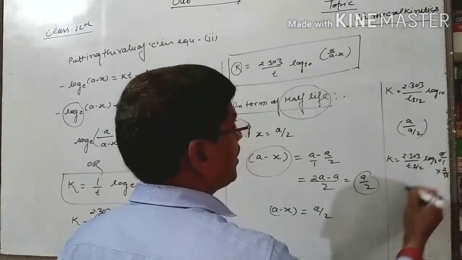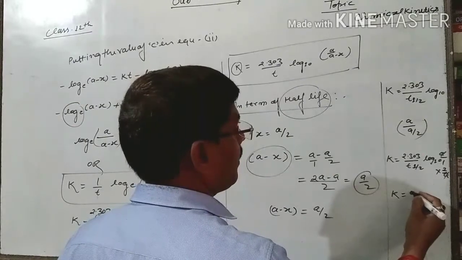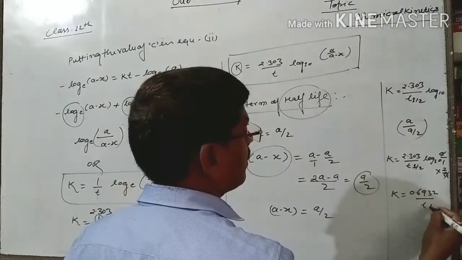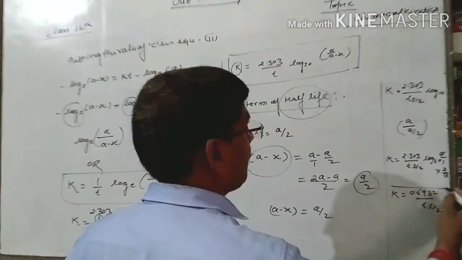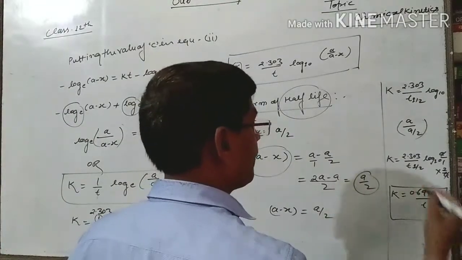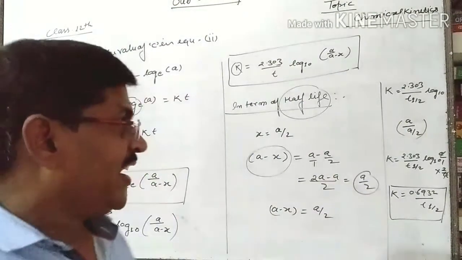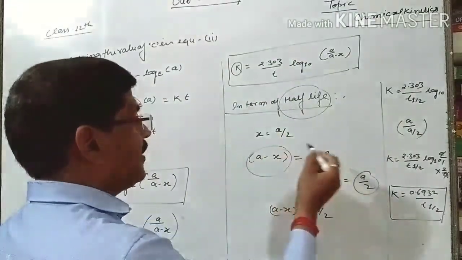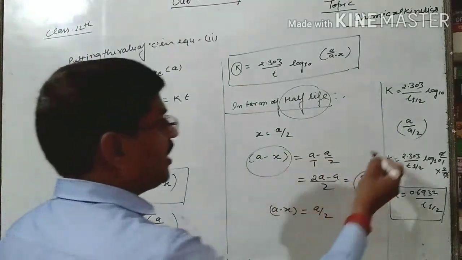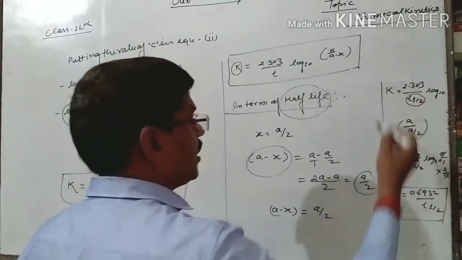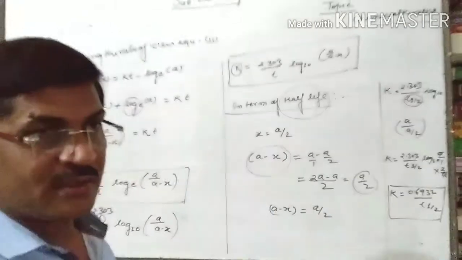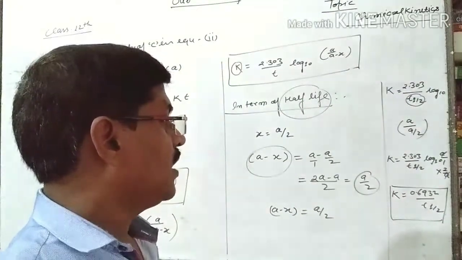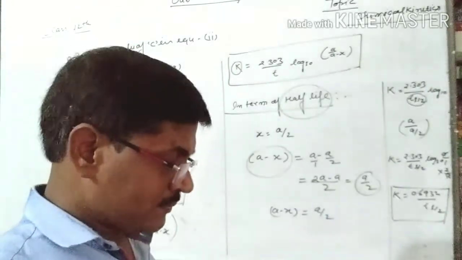So a cancels and it will give 0.6932 upon t half. So you are seeing here, I have changed it in terms of half-life. In place of t, I have placed t half. So this is the equation: k is equal to 0.6932 upon t half.